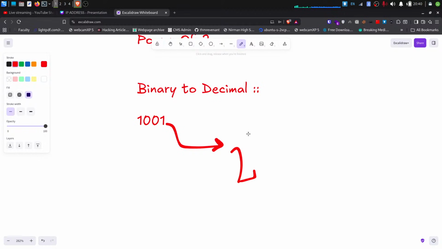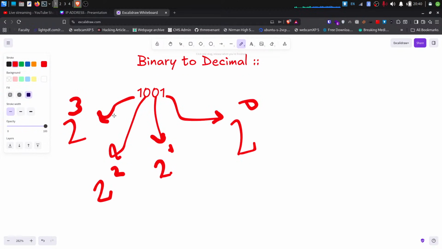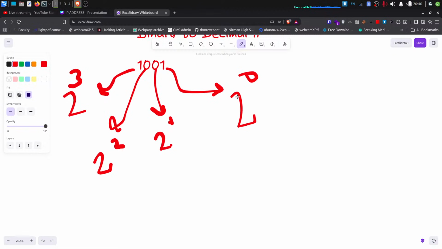So 2 to the power 0, then 2 to the power 1, 2 to the power 2, and 2 to the power 3. Now, if we move further, it would be written as 2 to the power 0 into the binary digit, which is 1 here.